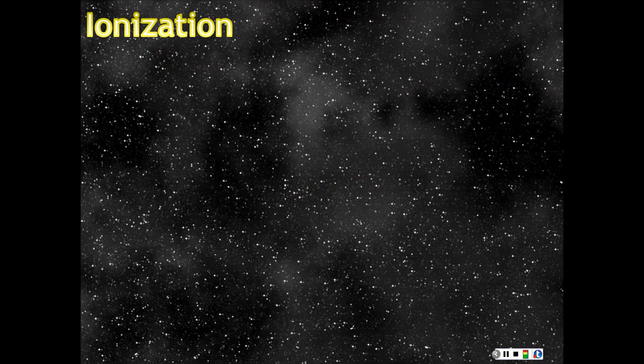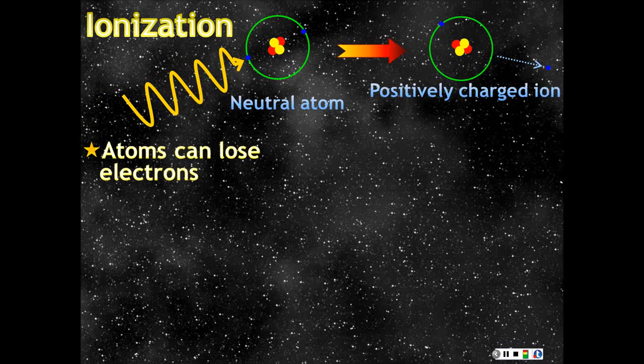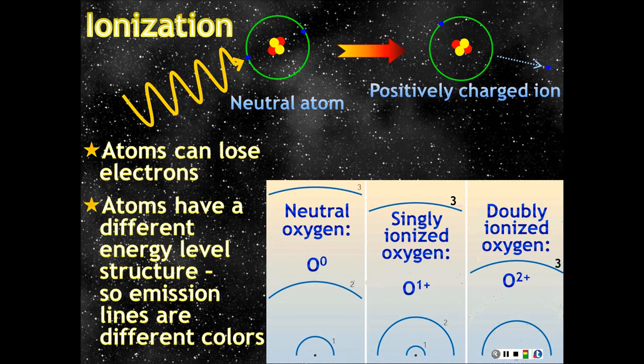Then we have another thing that we can think about. As long as we're not talking about hydrogen, if you ionize hydrogen, you're just left with a proton. But if you've got helium, you can lose an electron. Woo! Photon came along, knocks off an electron, and here we have a positively charged ion. And if you've got bigger atoms like oxygen, oxygen has 8 electrons, so it can be neutral. It can lose 1, 2, 3, 4, all the way up to 7 and still have an electron.